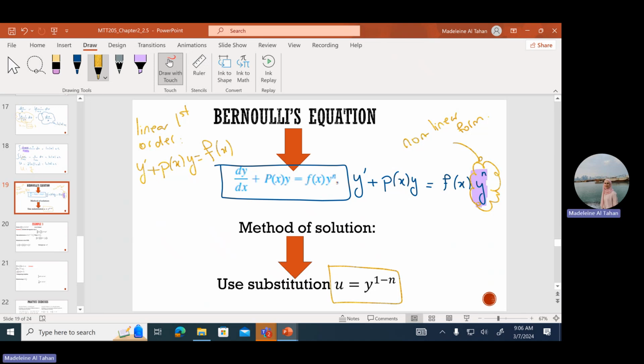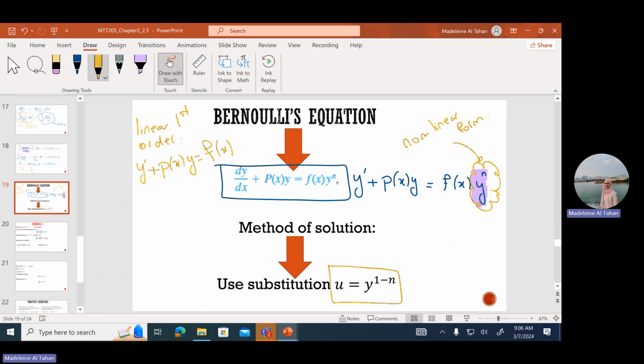So we need to use this substitution, and in the new equation, instead of y, what should we find? We should find u. We will solve for u and then we will get back to y.